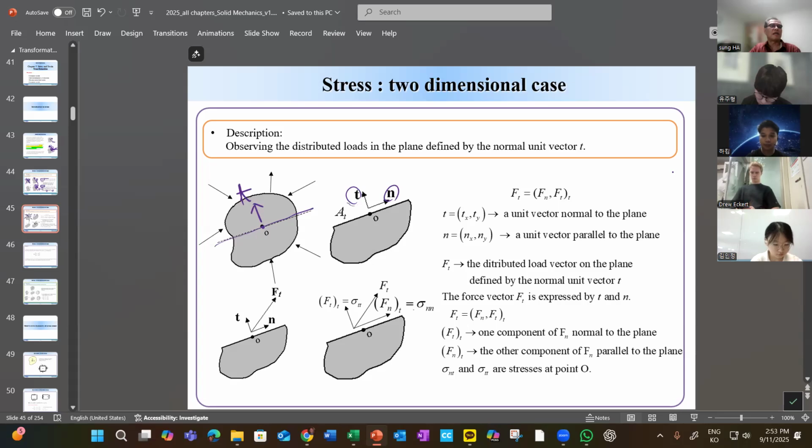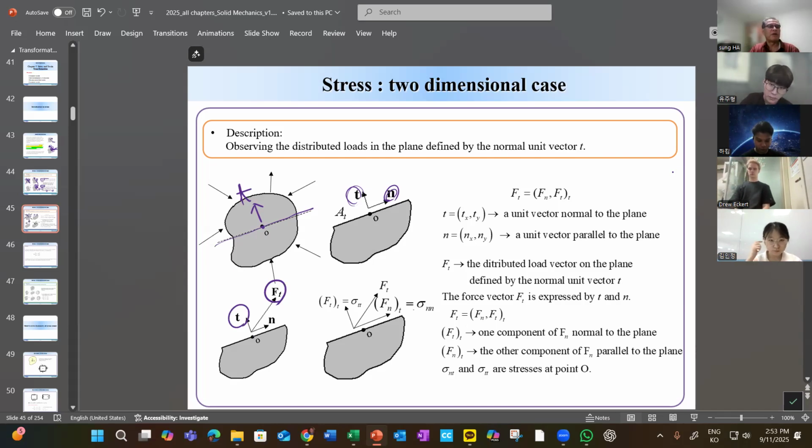As you can see, the t vector and n vector are at 90 degrees, and then we will have a certain vector distributed on this point on this area. What I mean by this area is the area represented by t.